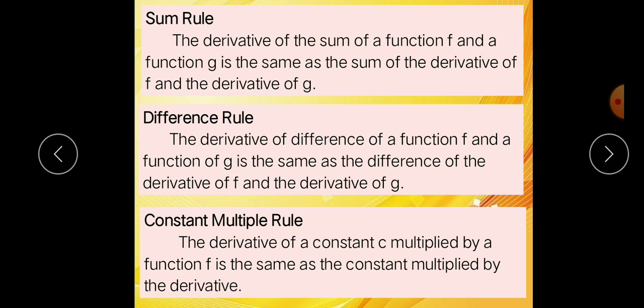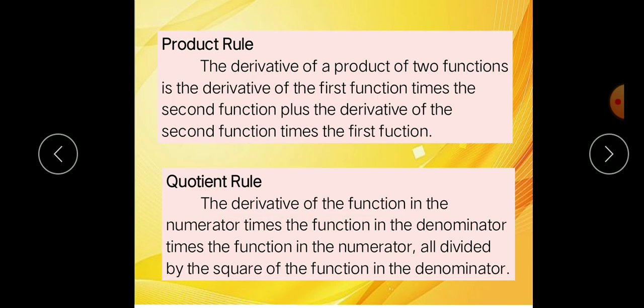Next is the constant multiple rule. The derivative of a constant c multiplied by a function f is the same as the constant multiplied by the derivative. Next is the product rule. The derivative of a product of two functions is the derivative of the first function times the second function plus the derivative of the second function times the first function.